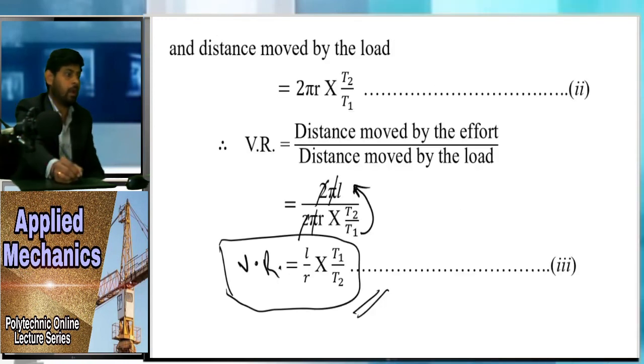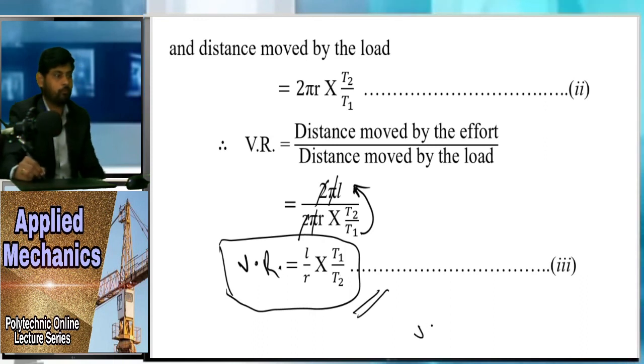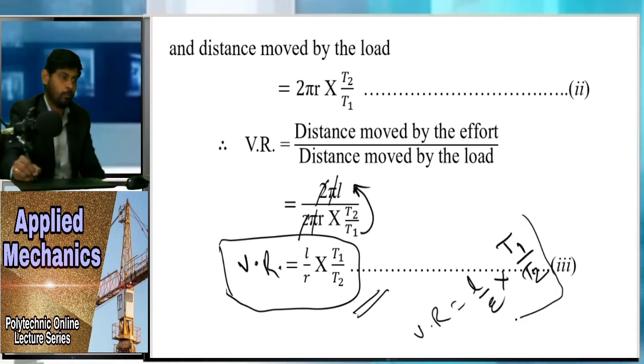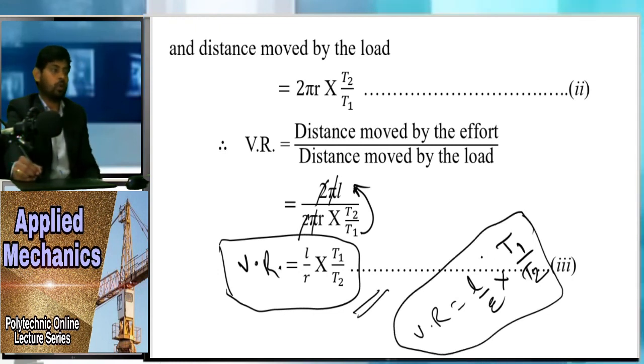Now we have found the new value of velocity ratio for the single winch crab wheel, that is T1 by T2. Based on this velocity ratio relation, we have to solve a number of problems.